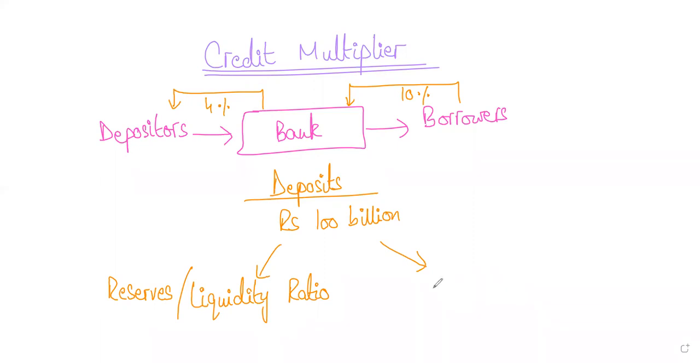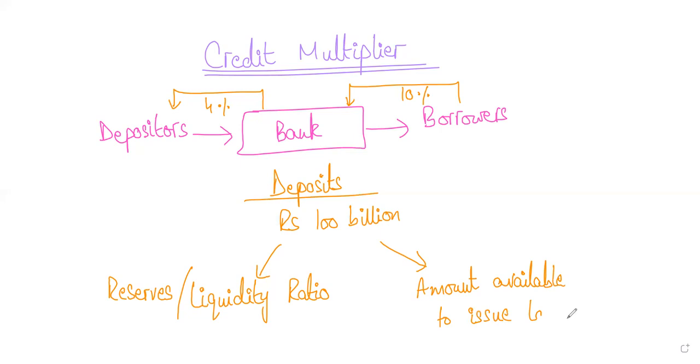Now, the second group of funds is known as amount available for issuing loans. So the second category is known as amount available to issue loans.